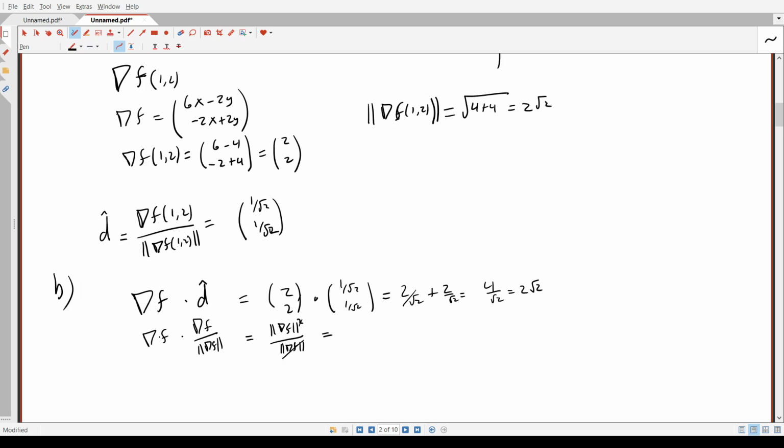So the maximum slope, the maximum possible directional derivative, is just the norm of the gradient, which we already saw up here was 2 root 2. Right, so the gradient gives you the direction of steepest increase, and the magnitude of that is the slope in that direction.